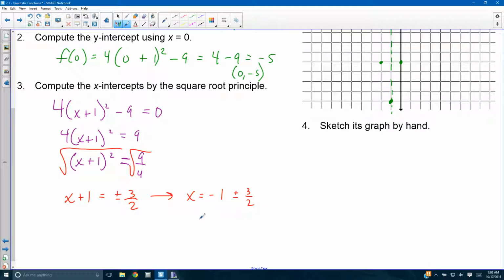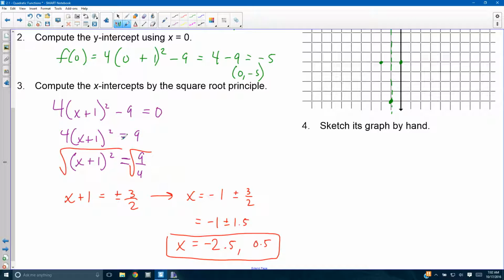Actually, I wouldn't mind doing that. Let's do -1 plus or minus 1.5. Now, once again, this has everything to do with vertex location in the x direction, and then how far you go to the left and right in the x direction to find your x-intercepts, where it crosses the x-axis. But these exact numbers are -2.5, and it looks like positive 0.5.